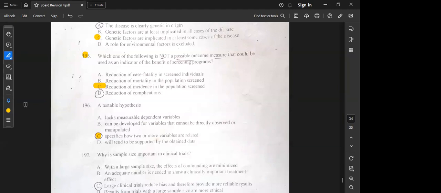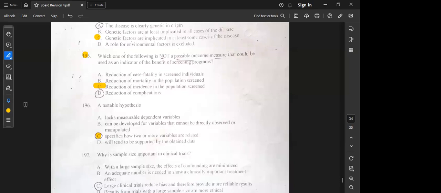During diagnosis is when someone has already presented with symptoms and now you want to start treating them. But at screening, there are no symptoms, and so they are not really affected by the complications. So I'll go with choice D. That is reduction of complications. That is not a possible outcome of screening.